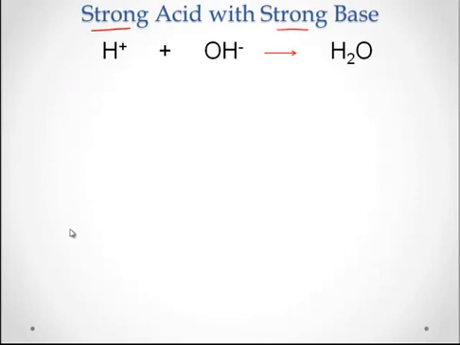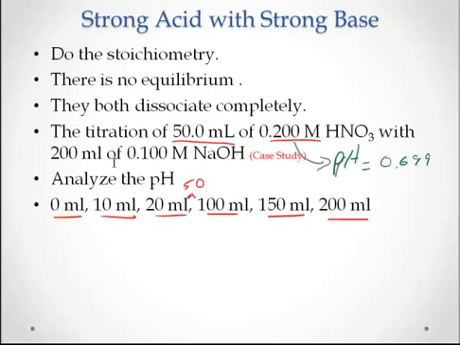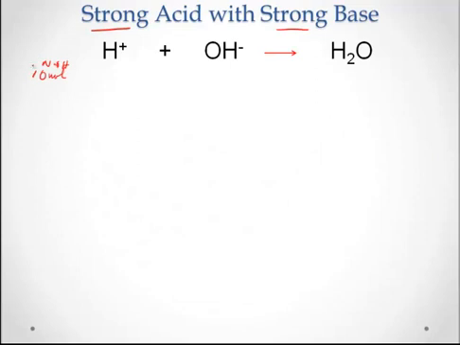Now what we're going to do is add 10 mils of NaOH. What's the molarity of that NaOH? If you looked on the sheet before, you'll see that it was 0.1 mole per liter. So I need to figure out how many millimoles I have.